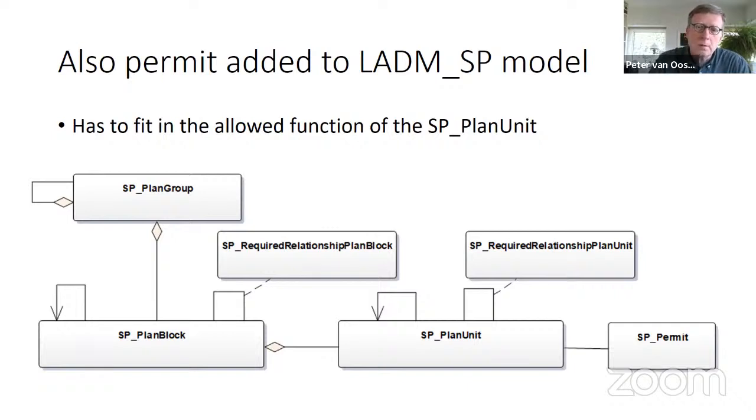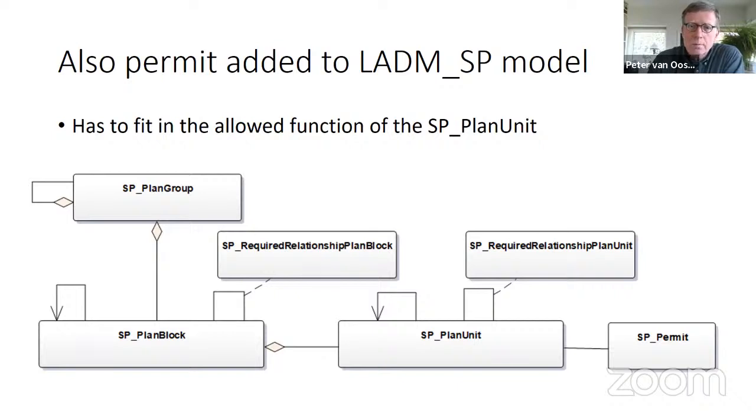The SP permit is an actual approval of the authority giving you the permission to do some development. Of course, it has to fit the intended purpose of the zone in which you are falling, the plan unit. But that is checked by the authorities before they give you this permit.